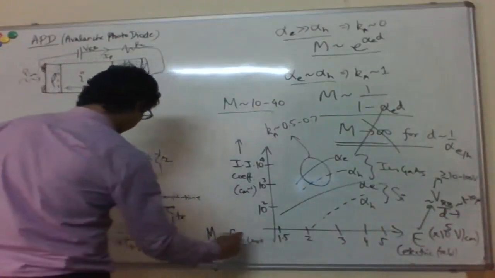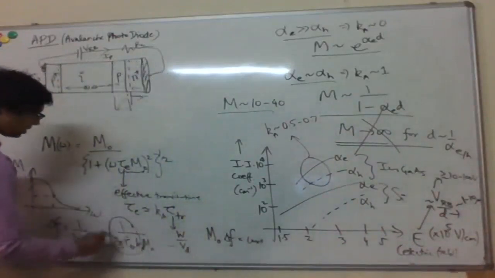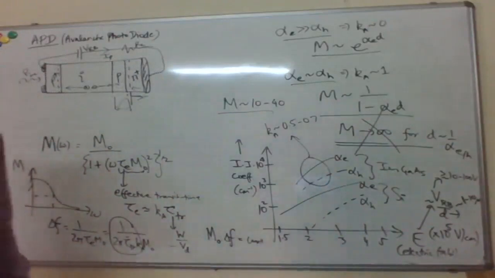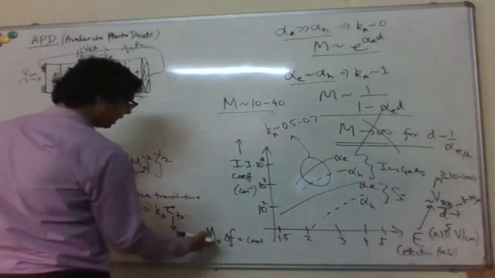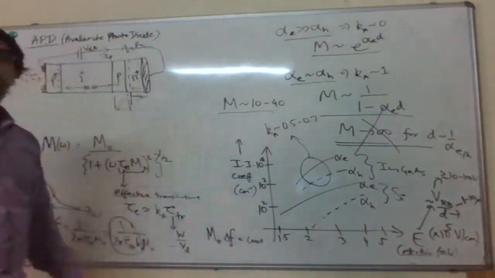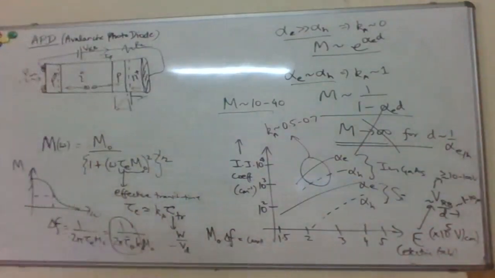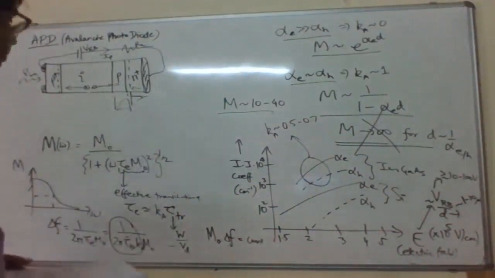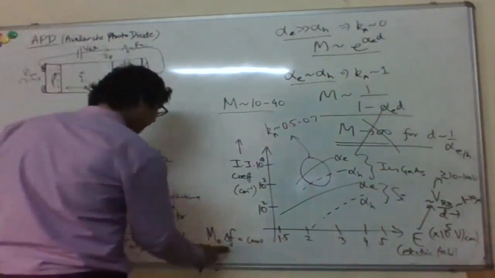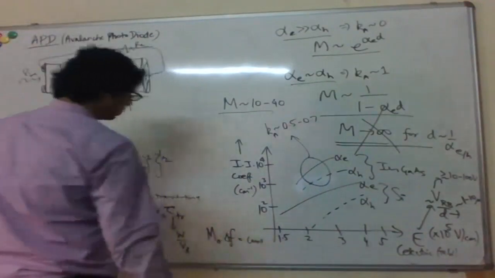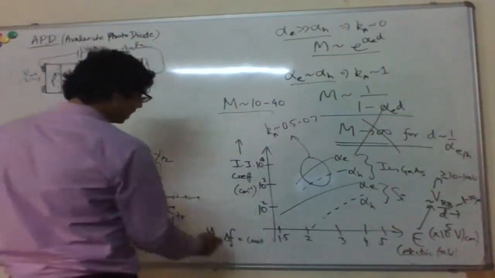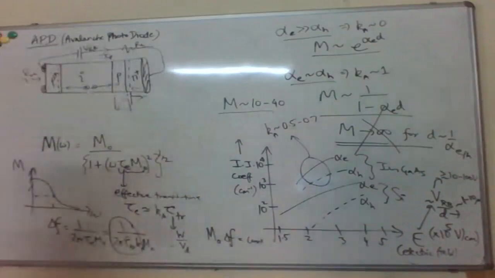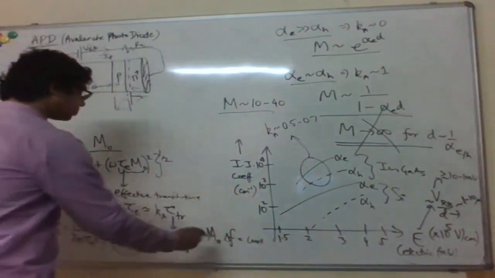It depends only on the device or material parameters. So this is the usual gain bandwidth trade-off that you have for typically any kind of electronic device, or anything in general, actually. If you want to increase gain, you have to reduce the bandwidth.